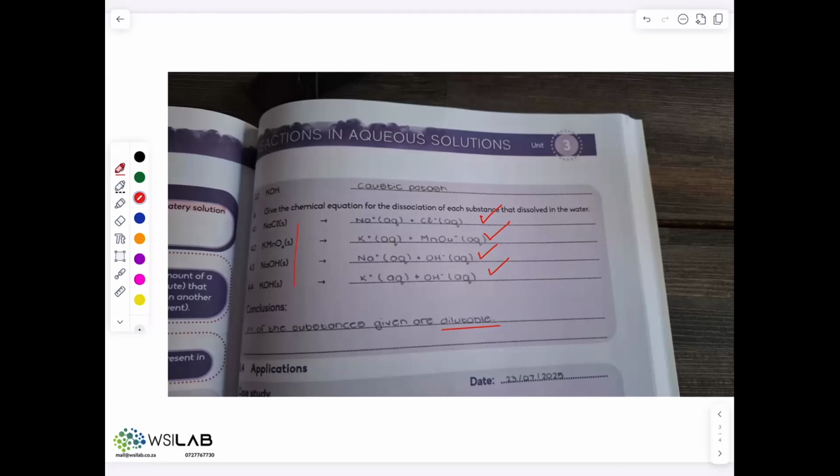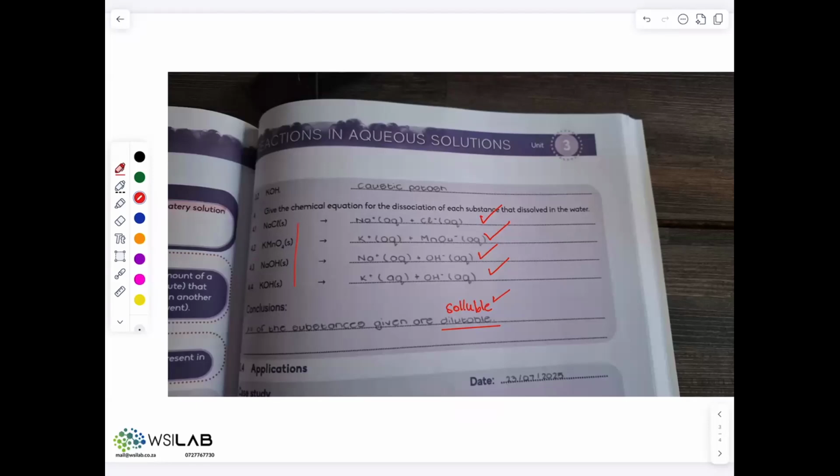I wouldn't say all the substances are dilutable. Soluble would be correct. But I would say my conclusion is all these ionic substances dissociate in water.